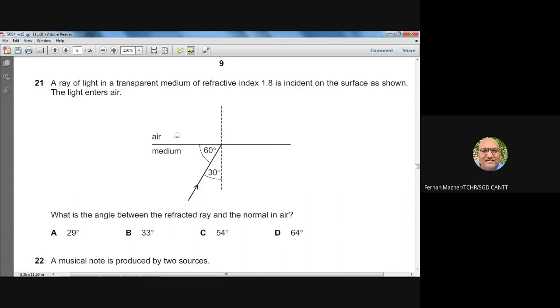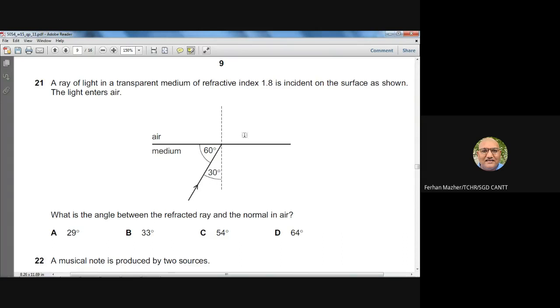Which will you take? As a thumb rule, whichever angle is in the rare medium, whether it is the angle of incidence or the angle of refraction, should be in the numerator.